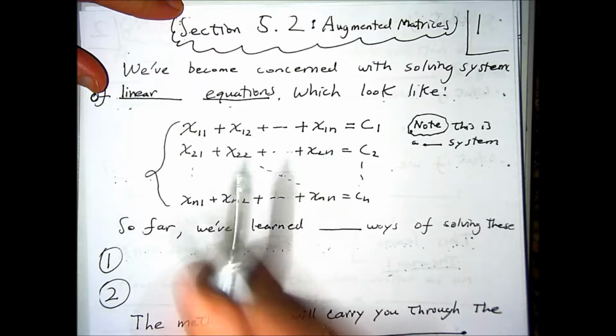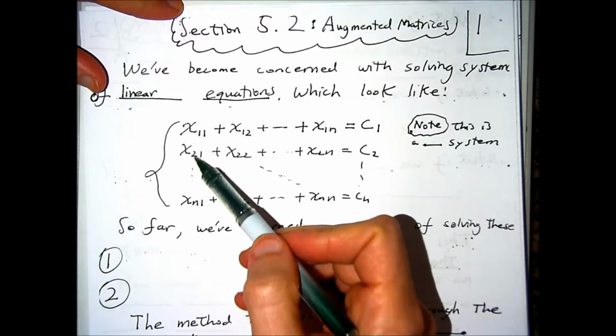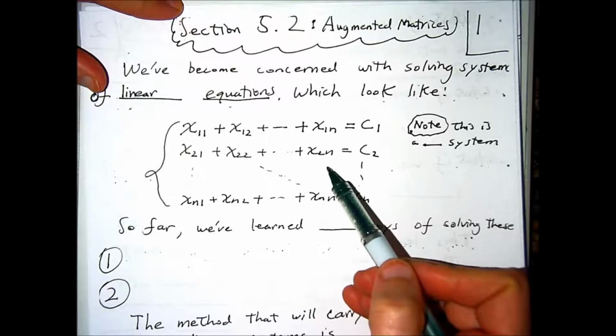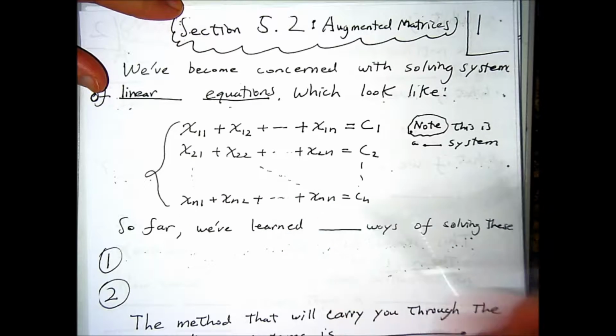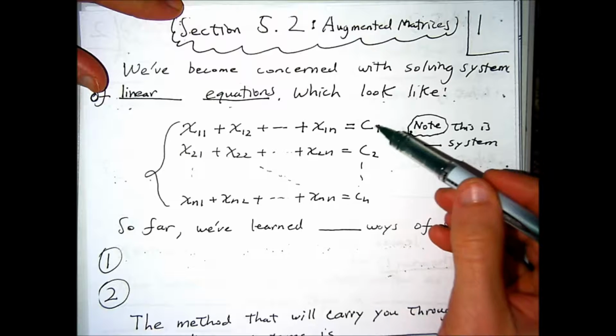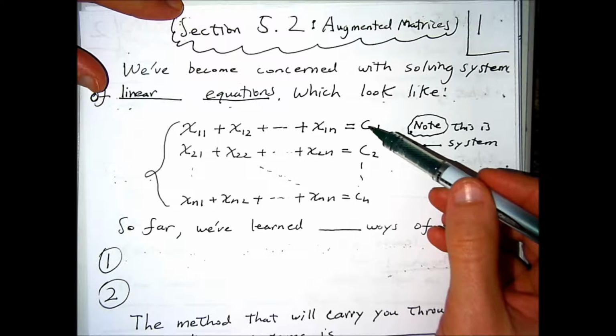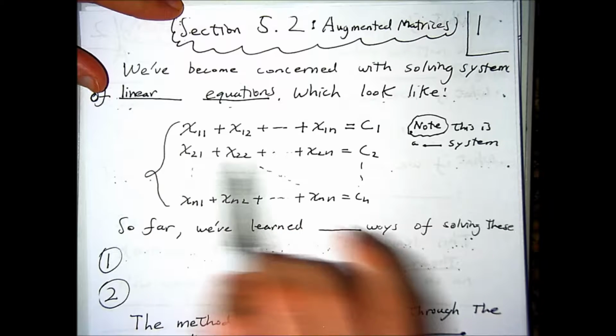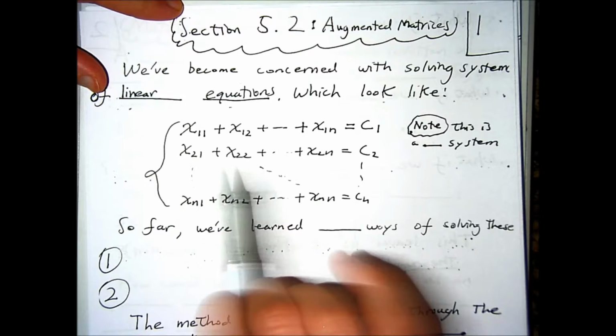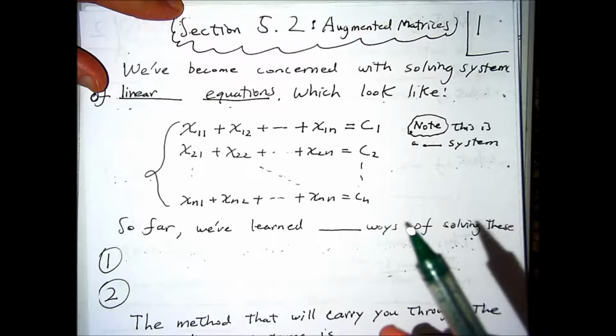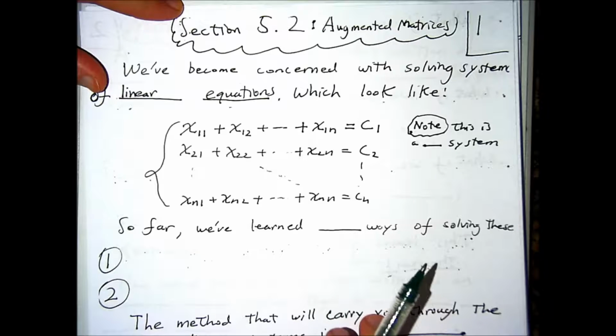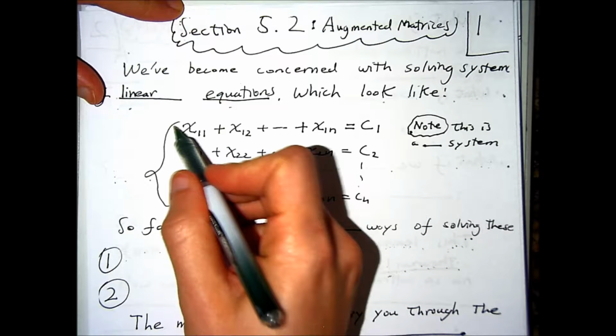This would be the first row. And all the way down x21, x22 to x2n, all the way down to the last row, and so on. And then I'm writing my constants. Well, I guess all of these are technically constants. These are supposed to be numbers when you get down to it. This may not have been written the best way.